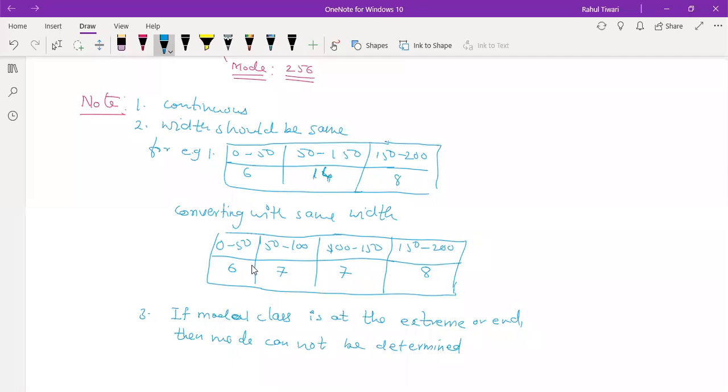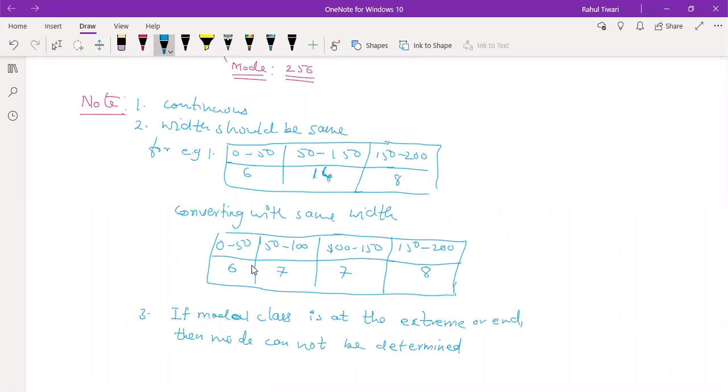Why can the mode not be determined? Because my modal class is the last one. That means I will not get the succeeding frequency here. You can get f1 and f0, but f2 you will not get. So in that scenario, how can we tackle the situation?